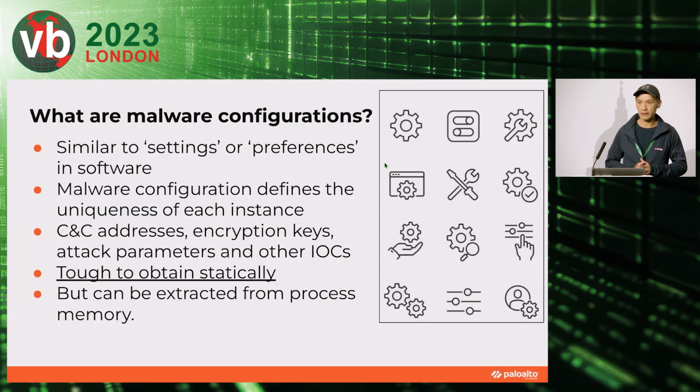Just for a quick background, imagine with me, whenever we receive a new phone, the first thing we do is configure our phone and put in preferences, and also maybe put in our contact list. The same thing applies to threat actors. They purchase their malware, and the first thing they put in is information such as their C2 address, encryption keys, attack parameters, and various IOCs.